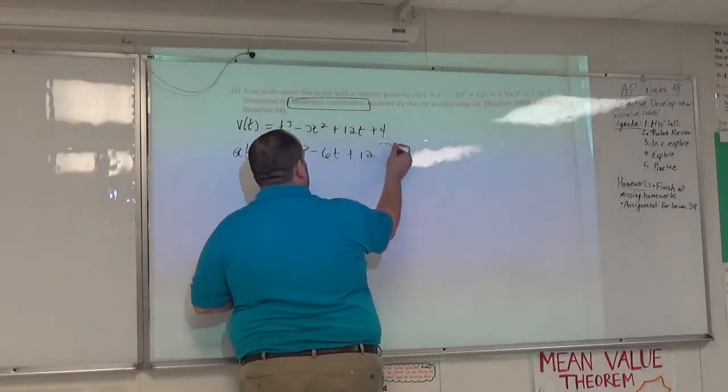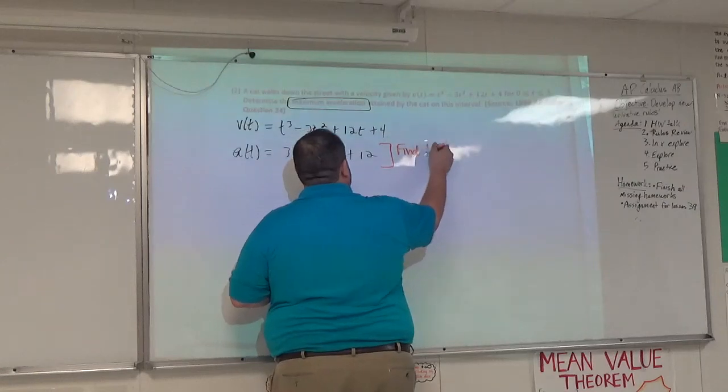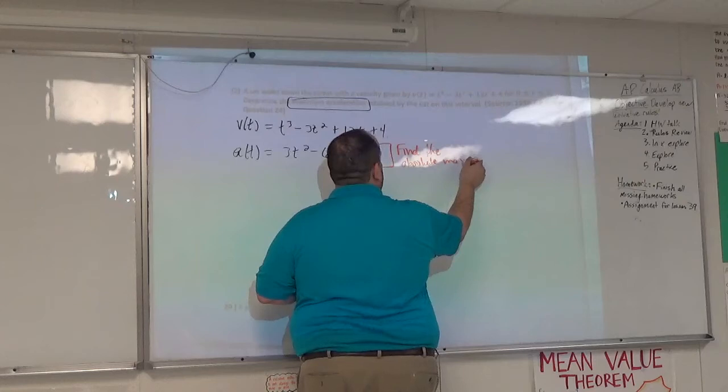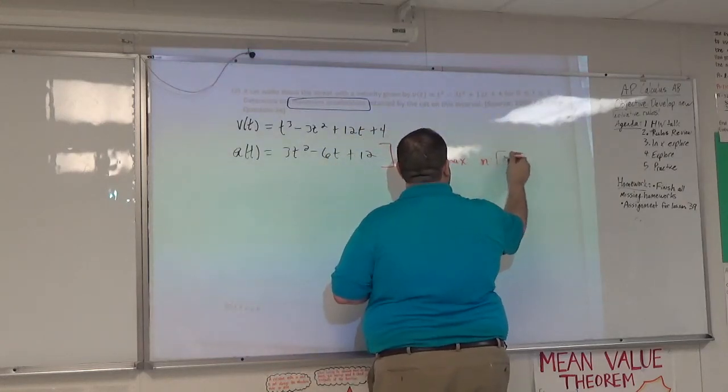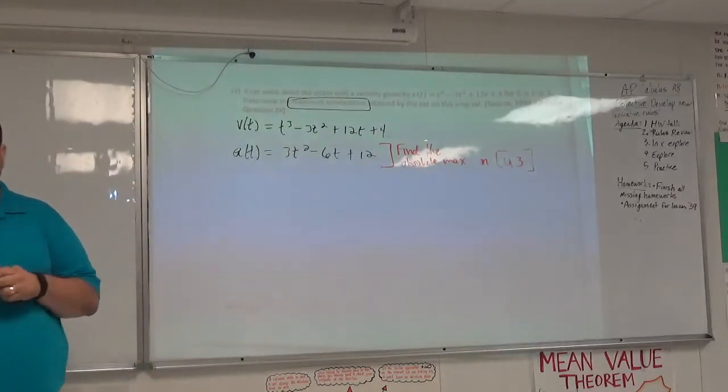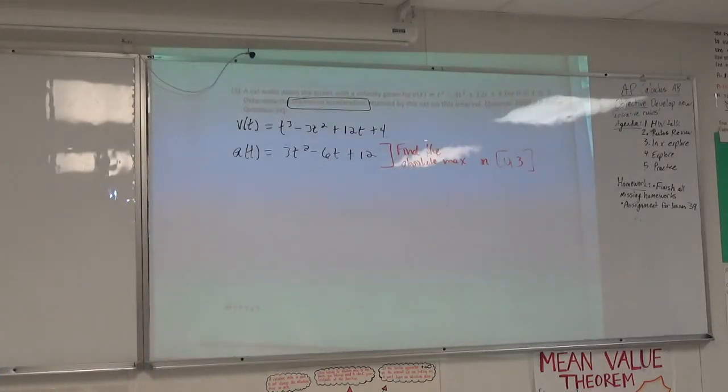Okay, so here, find the absolute maximum on the interval 0, 3. And Carmen, can you convince me that this function has to have an absolute maximum on 0, 3?